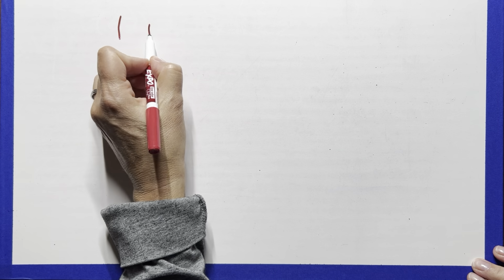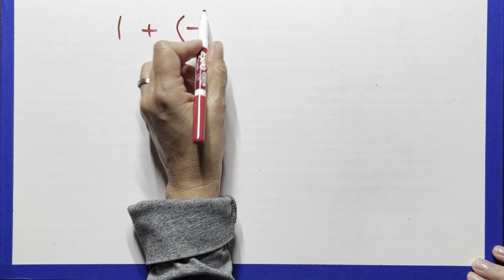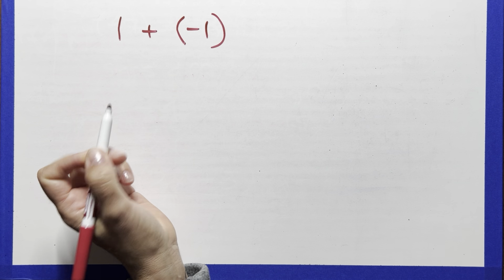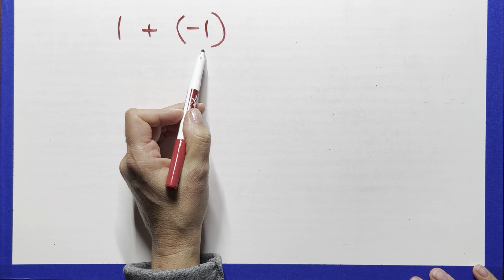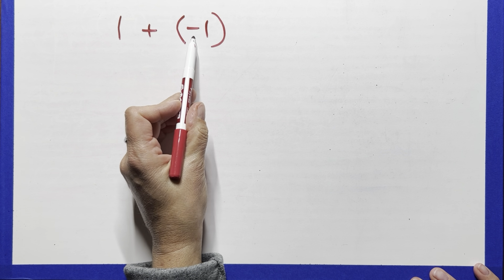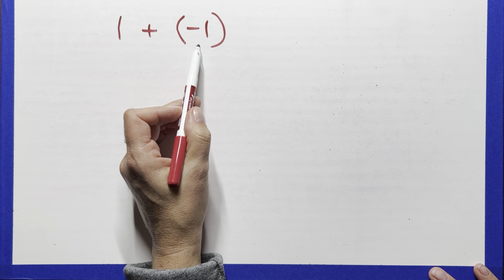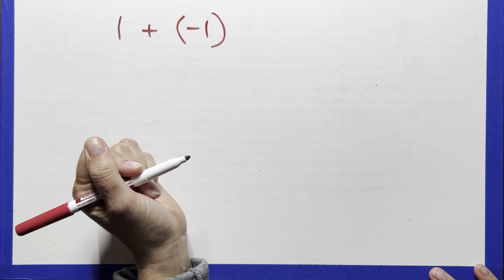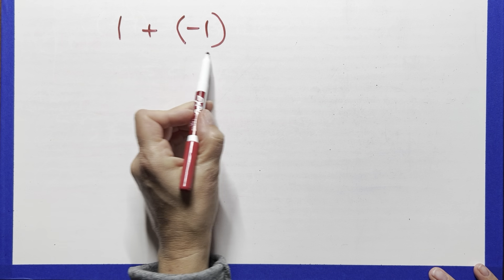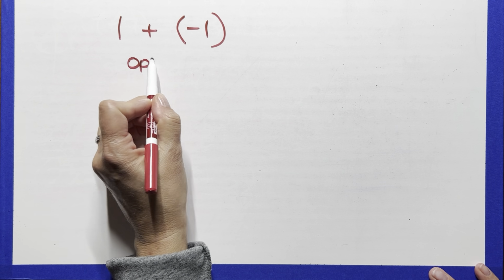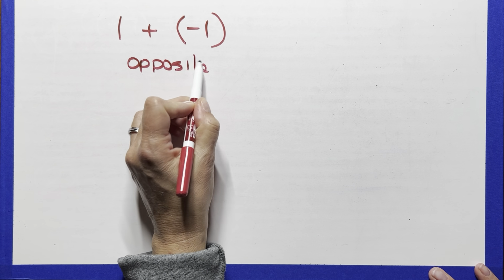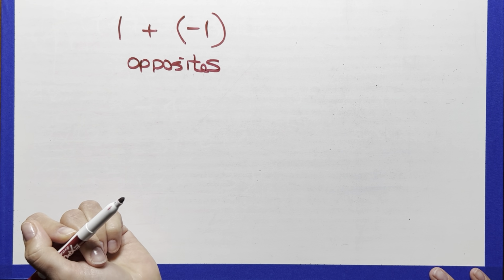Here's another example. And this one is a little bit different also, because these do have different signs. And I did tell you that when they're different, we're looking for the larger number. In this case, I don't have a larger number, and that's because these numbers are a special case, which is that they're opposites.